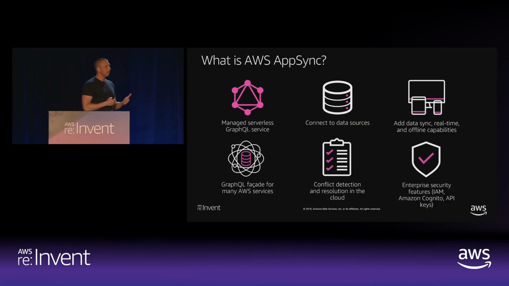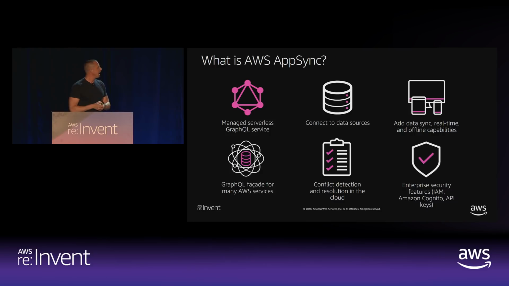You can also use GraphQL really as a facade over a bunch of AWS services. So with the Lambda function, you can actually have your query go to a Lambda function, do whatever work you would like, and then have the return value be whatever the result of that operation is. We do conflict resolution in the cloud. So if you have multiple users accessing the same piece of data, we handle all of the conflict detection and resolution for you.